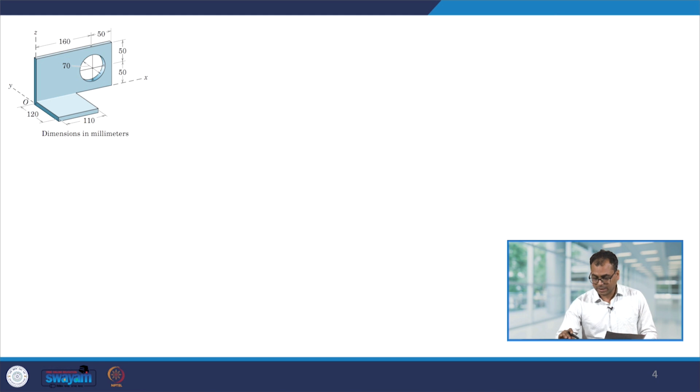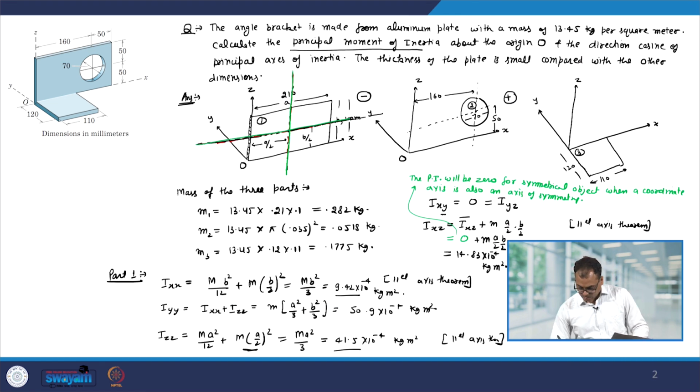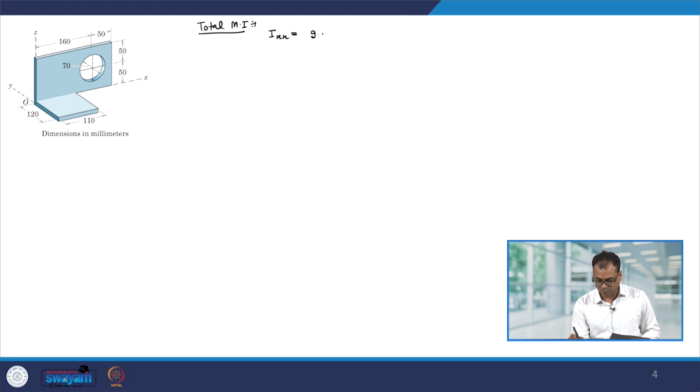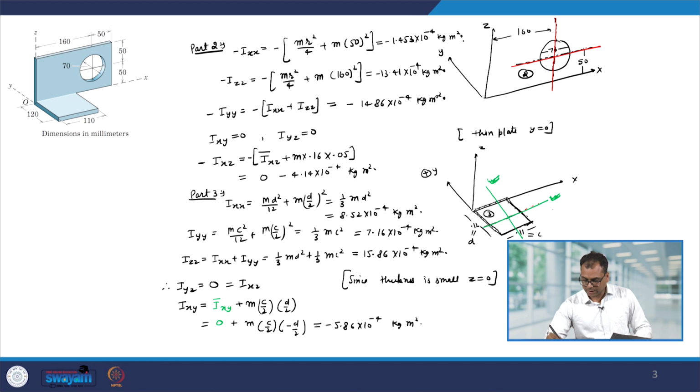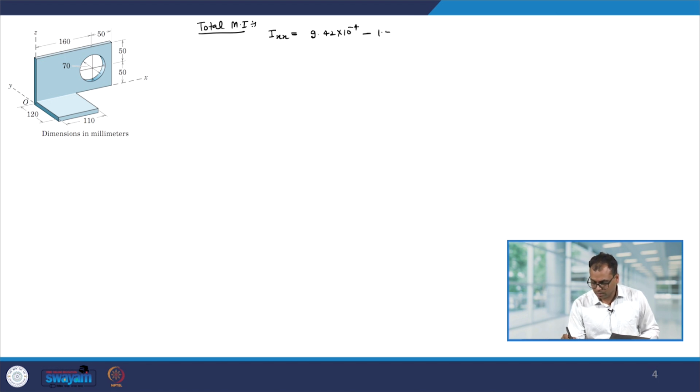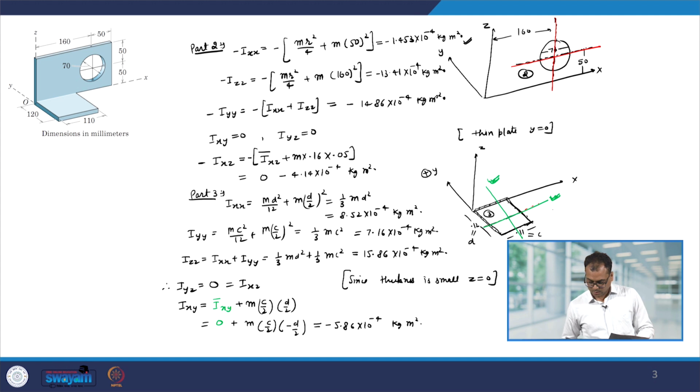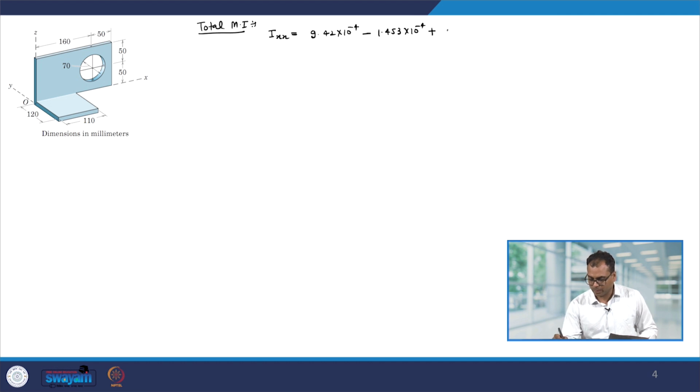Now let us write down the total moment of inertia. So total moment of inertia, let us say I x x, will be equal to the moment of inertia of the first part about the x axis, that is 9.42 into 10 to the power minus 4, minus the second part, that is 1.453 into 10 to the power minus 4, plus the moment of inertia about the x axis of the third part, that is 8.52 into 10 to the power minus 4.